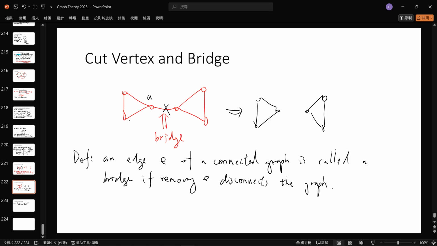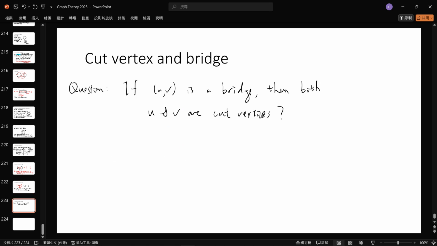For example, in this case, we have this bridge with endpoints U and V. Indeed, if you remove U and its incident edges, then the graph is disconnected. Similarly, if you remove V, then the graph is disconnected. So in this case, the answer is yes, both endpoints are cut vertices. But is it true for any graph and any bridge? That's my first question.